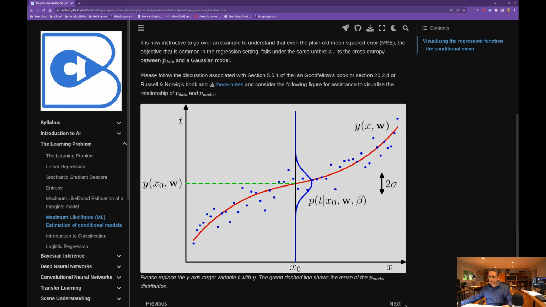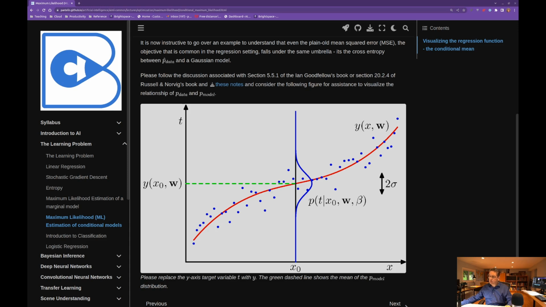We have some kind of data. The examples that someone gave us carry some kind of uncertainty over the y axis. And for a given value of x, we call it x nu, we have a P model that will describe the conditional probability distribution.